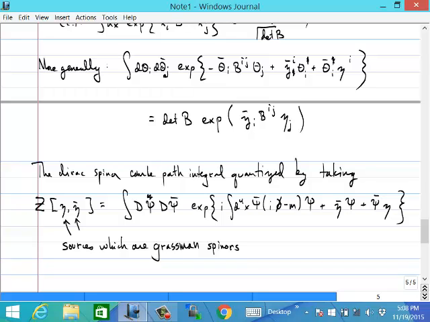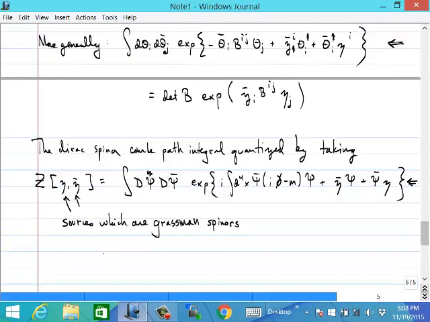Okay, well, so hopefully you see the analogy between this integral and this integral. So in particular, just as we could explicitly compute the generating function of a free scalar field as a function of the sources J, we can now explicitly compute the path integral for a free Dirac spinor as a function of those fermionic sources eta and eta bar.